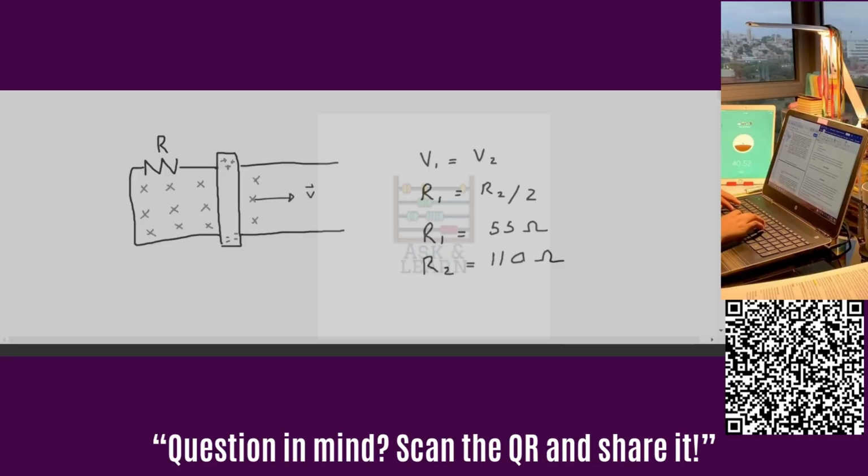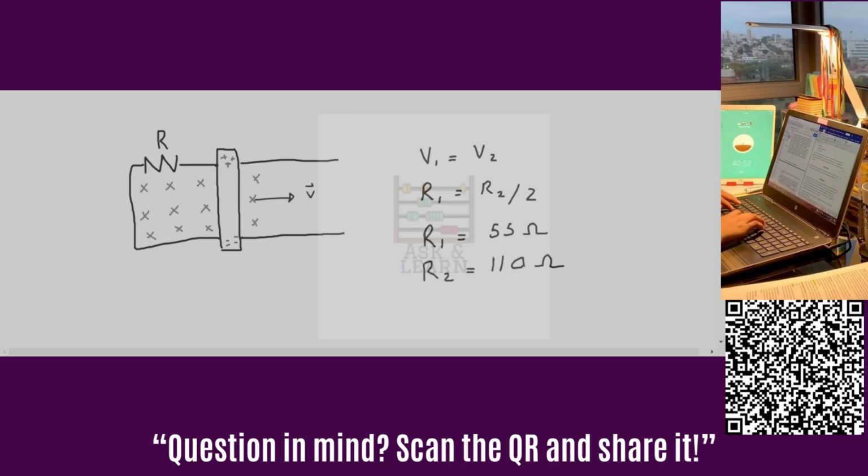In this example, we're going to compare two different circuits, which look just like this circuit we have here, where we're moving a metal bar along these wires and inducing an EMF in our bar and causing current to flow in this circuit. But the only thing we're going to change between the circuits is the resistance, and we're going to look at the ratio of the EMFs given that we have different resistances.